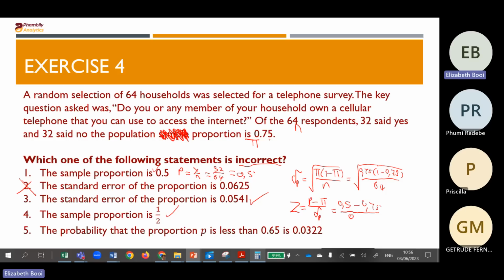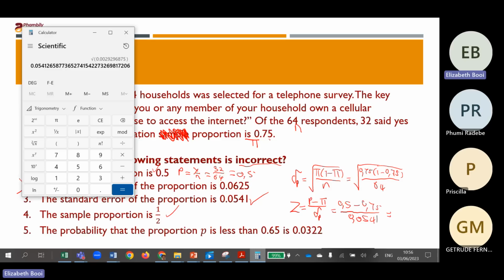We said it is 0.0541. And calculate that. Because I'm rounding off too quickly, I must be mindful of that. So 0.5 minus 0.75, divide by 0.0541.